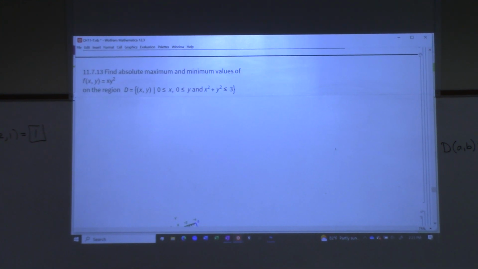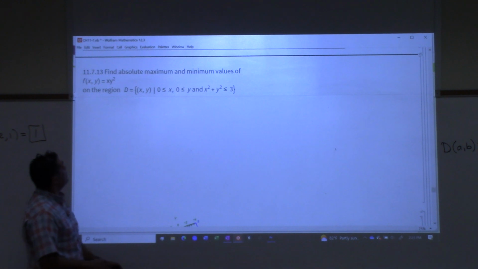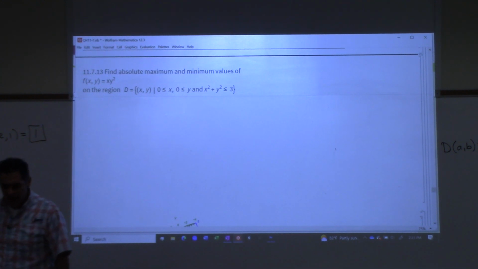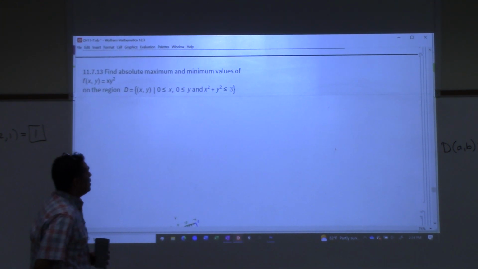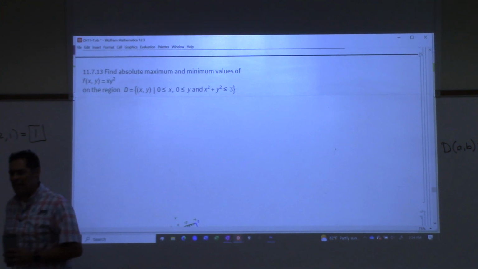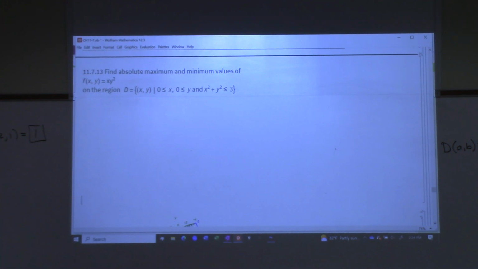Find the absolute maximum and minimum values of the function f of x, y equals x y squared on the region D, which is defined to be the set of all ordered pairs such that your x-coordinate is greater than or equal to 0, your y-coordinate is greater than or equal to 0, and you must satisfy the inequality that x squared plus y squared must be less than or equal to 3.